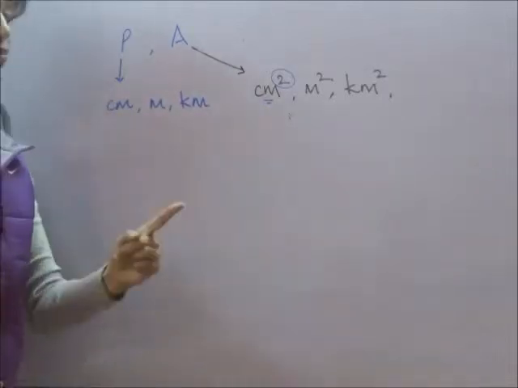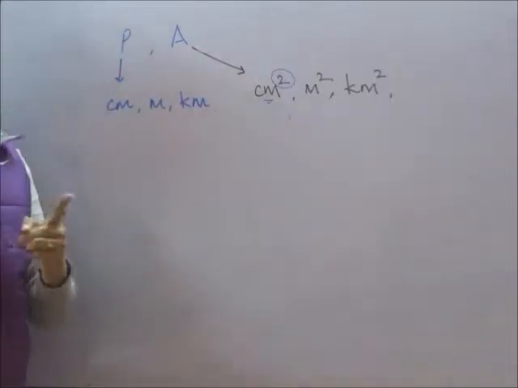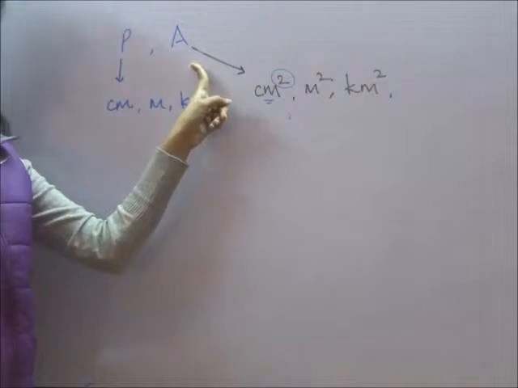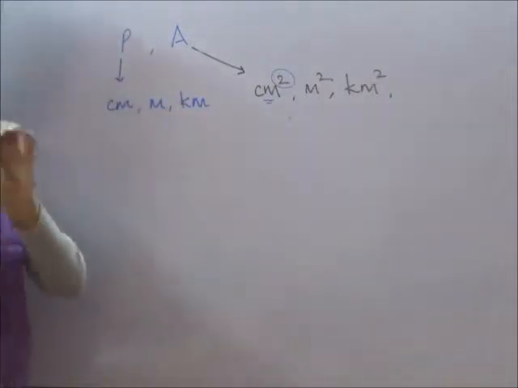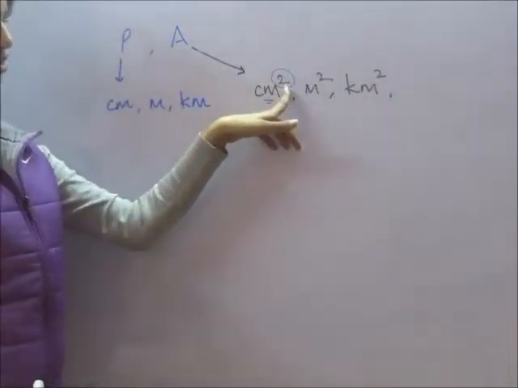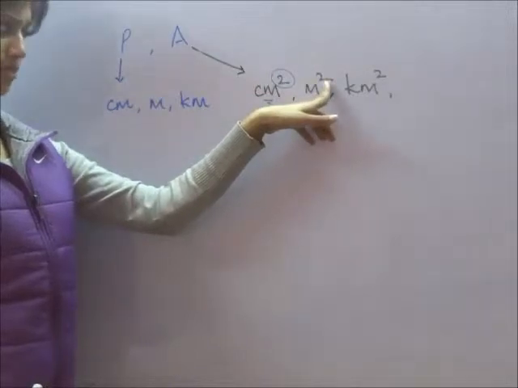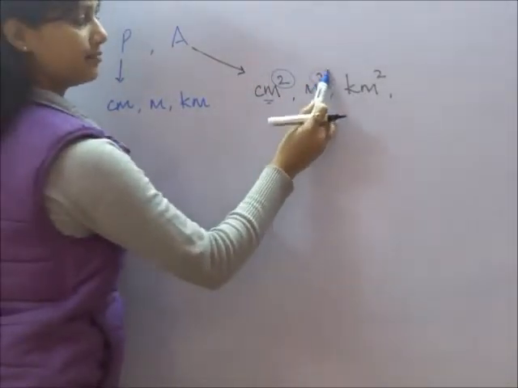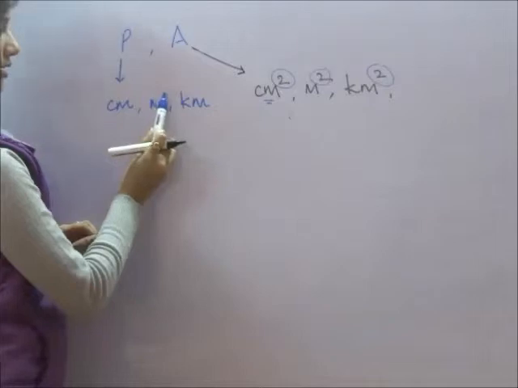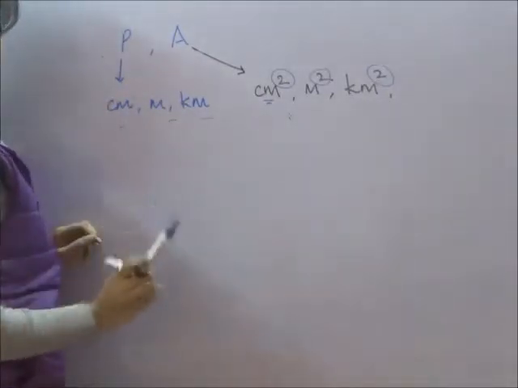So, it is very important to identify whether it is the area given in the question or the perimeter. Simple rule, you see the unit, if it is square, it is the area. If it is single, it is perimeter.